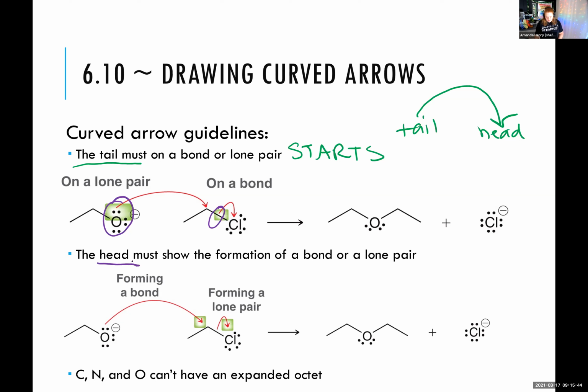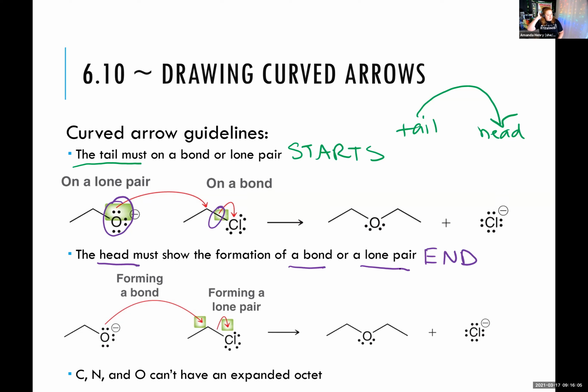The head of the arrow, and this is where our arrow is going to end, has to show the formation of a bond or the formation of a lone pair.